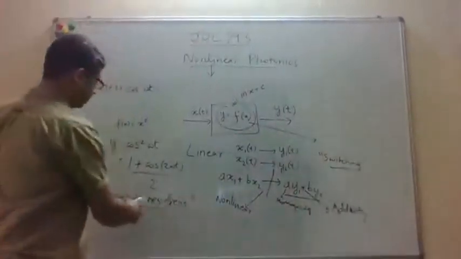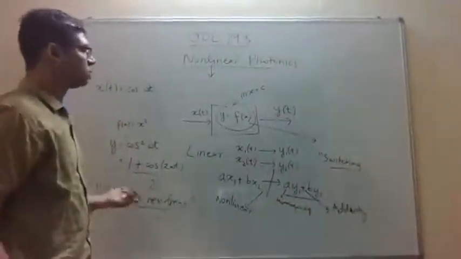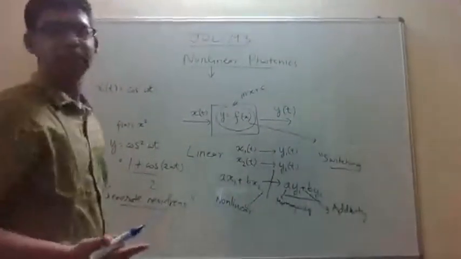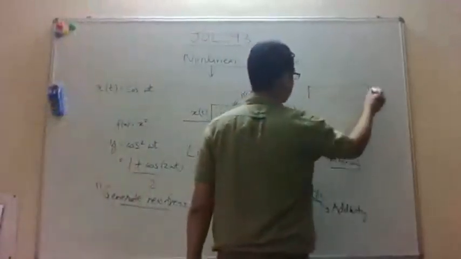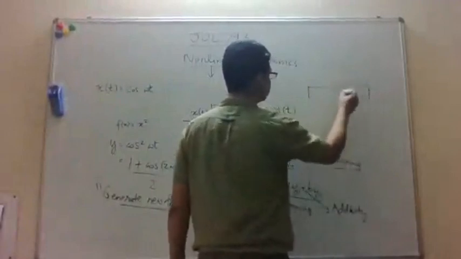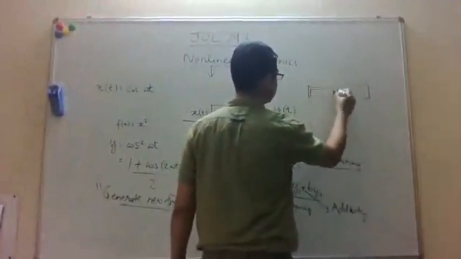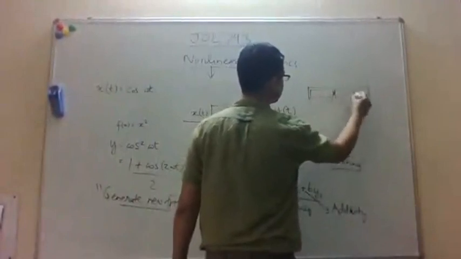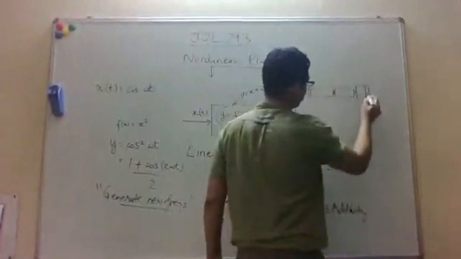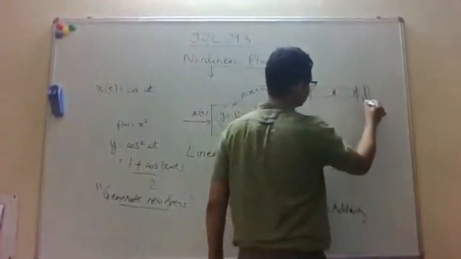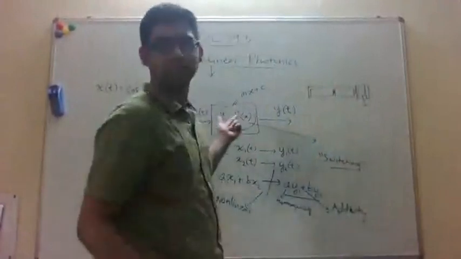One application of this that you can see almost every day is your green laser pointer. If you open up your green laser pointer, inside you will see that most of the space is taken up by AA batteries, 2 AA batteries, and then there's a small amount of space inside which has a nonlinear optical device.